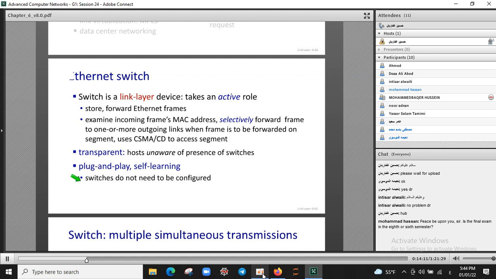Okay. How can they find the destination? How can they filter? They can filter using those MAC addresses. But how can they find those MAC addresses? Because I'm saying that a switch works by itself. It does not need any configuration.